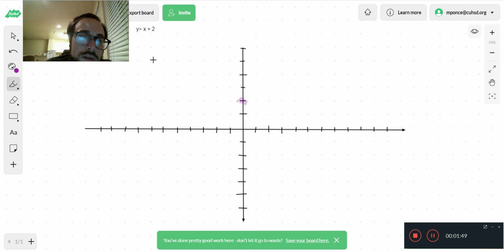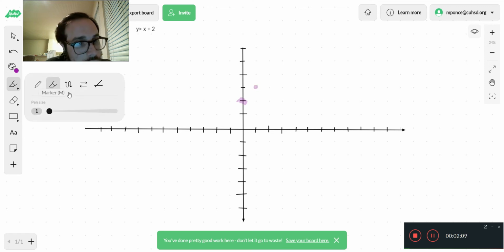And then I'm going to go ahead and do the same thing with the slope here. I'm going to apply the slope. You notice there's no number next to x. That makes it a 1, because there's one x that you see there. So my slope is up 1 and then right 1. That would be right here on this dot. And then let me connect those both with a line.